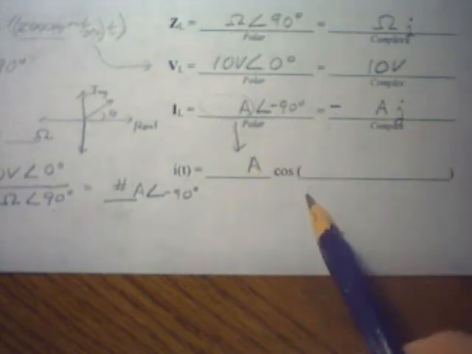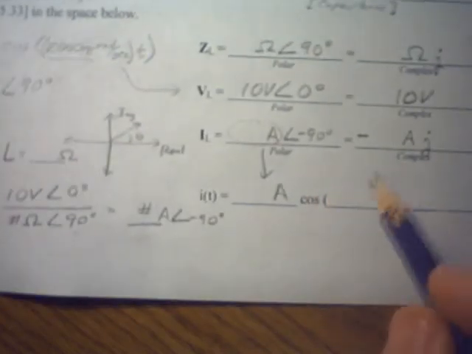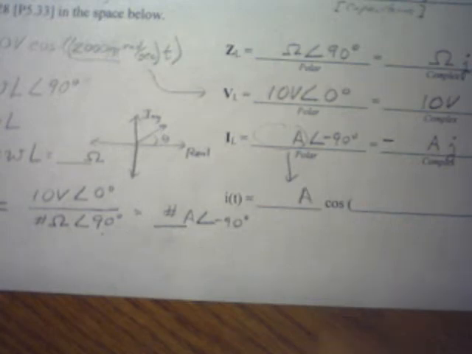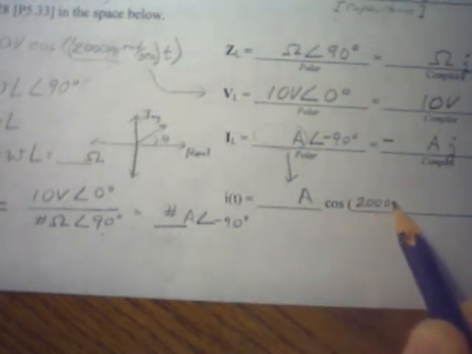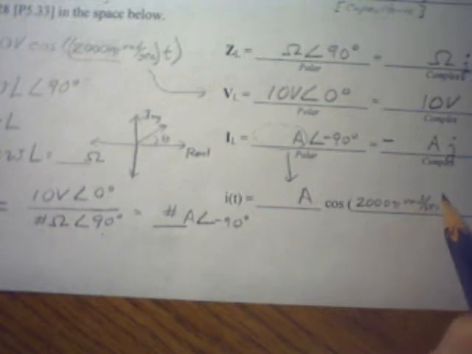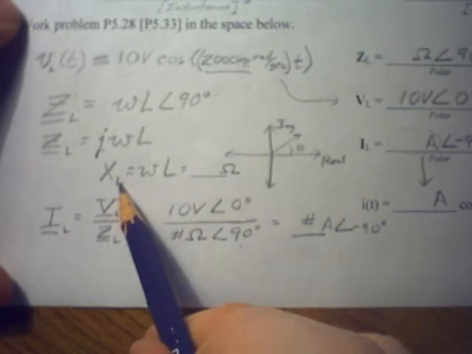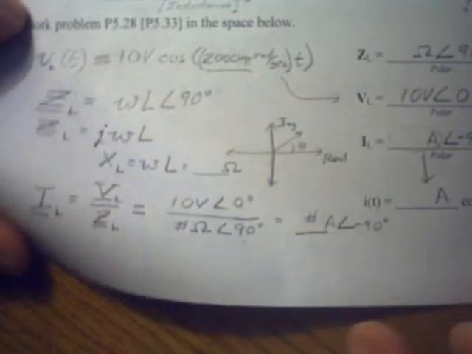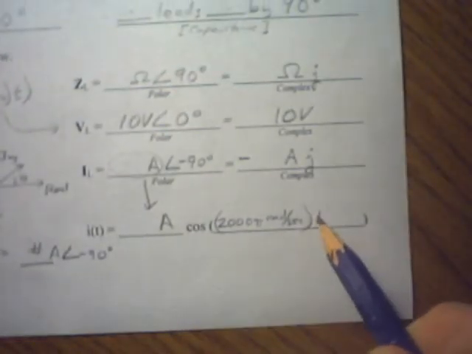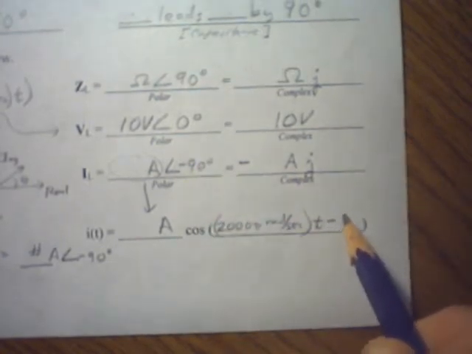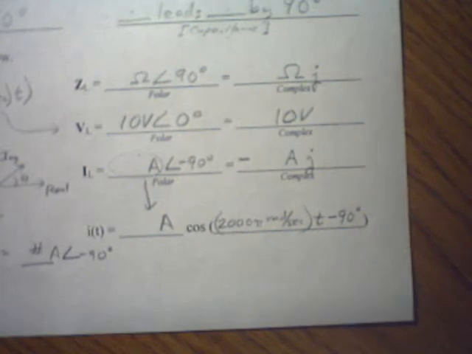Take the omega that we have over here. Recall that frequency is unaffected by capacitors or inductors or even resistors in a circuit. So that's going to be 2000 pi radians per second. It appears that the only reason we needed that value is to find the inductive reactance in ohms. Make sure you multiply that times t, and the angle that we have for that is minus 90 degrees, and we're done.